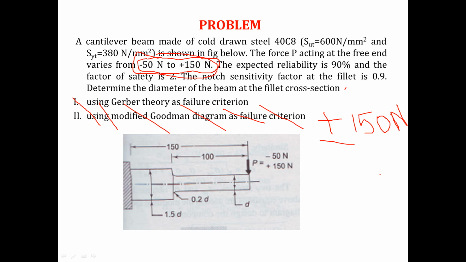And I have seen that the endurance diagram comprises mean component as well as alternating components. So I have to use the endurance diagram to solve this problem. This is how you have to understand which theory you have to use to solve the problem, whether the SN diagram or the endurance diagram.